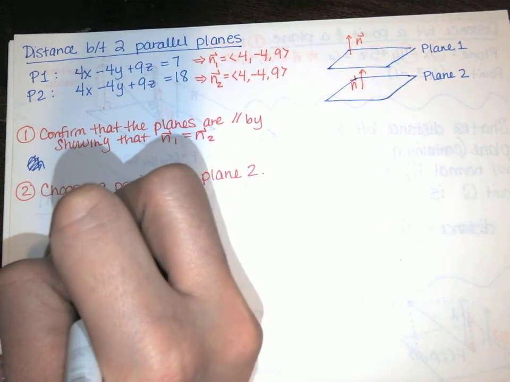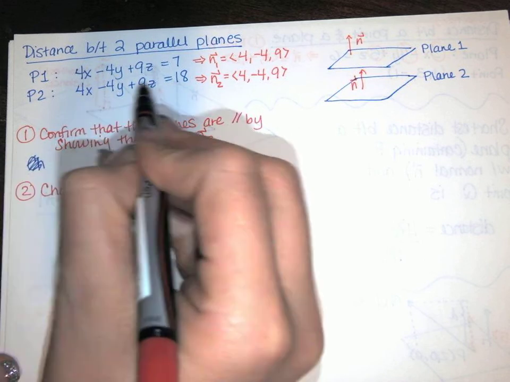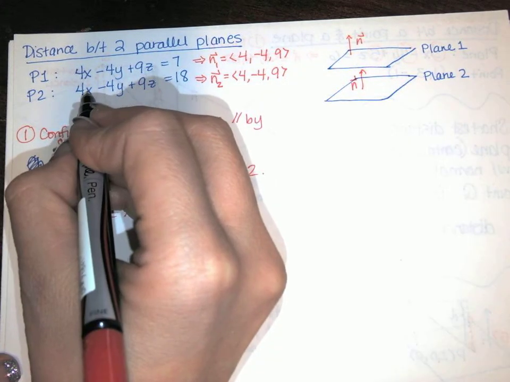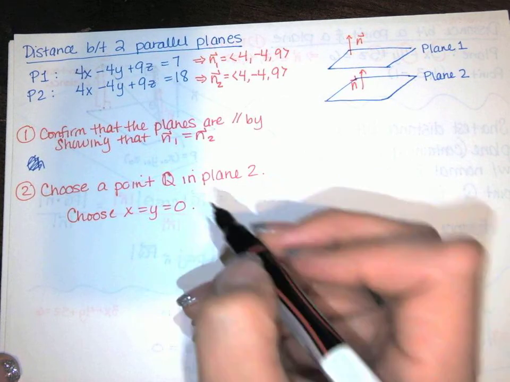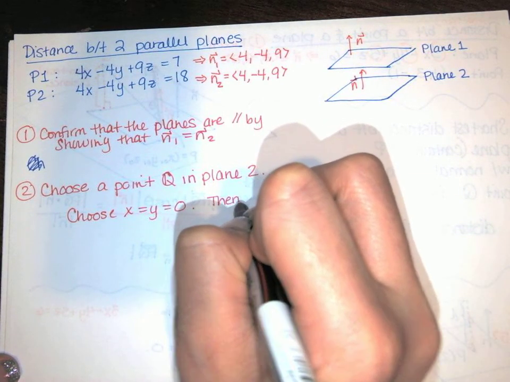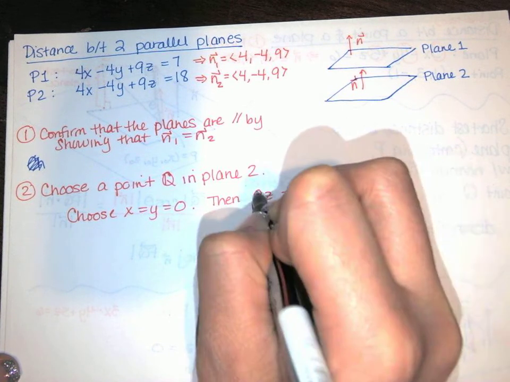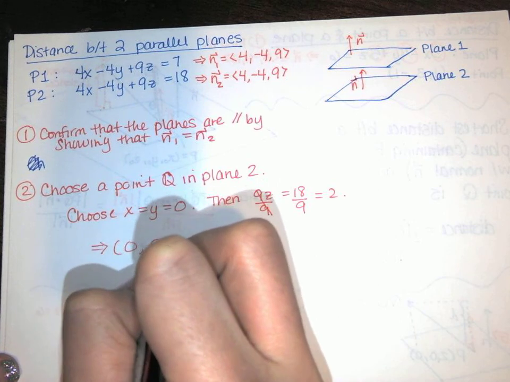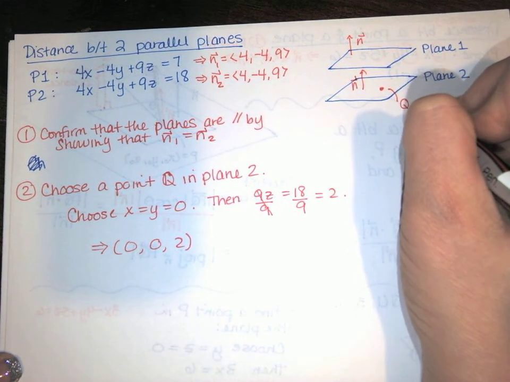So I'm going to choose x and y to be 0. Then in the equation for plane 2, we're going to have 4 times 0 minus 4 times 0, so that's 0, plus 9z equals 18. So z must be 2. So we've got a point in the plane, it's 0, 0, 2. So that's Q.